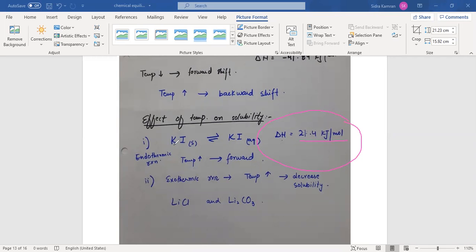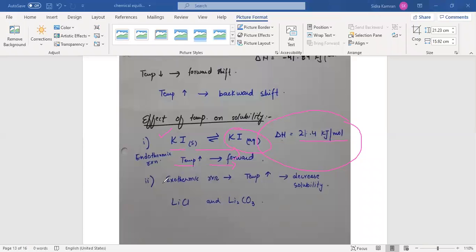So if the temperature is increased for this reaction, it will move forward because this reaction needs 21.4 kilojoules per mole of energy to proceed. Potassium iodide needs 21.4 kilojoules per mole of energy to be soluble. So by the increase of the temperature, this reaction will go forward.